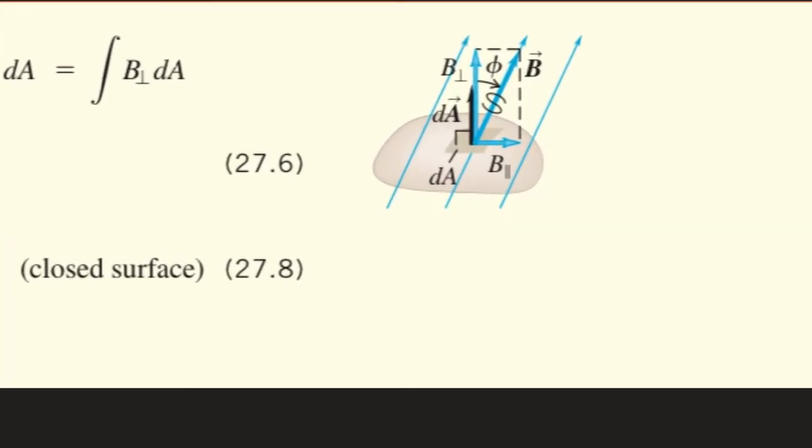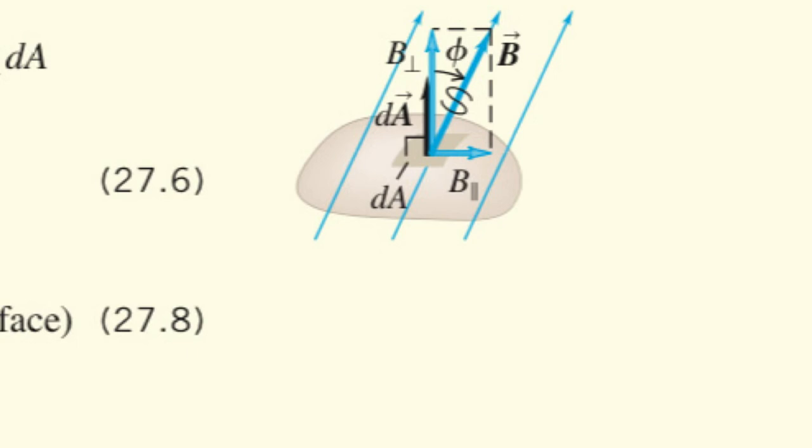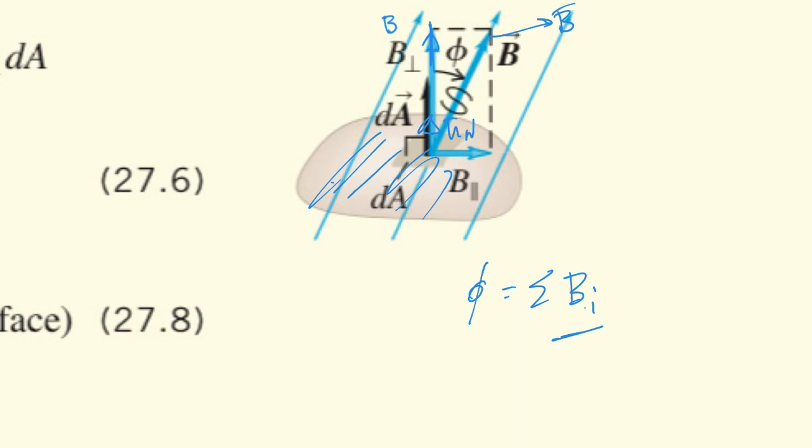That's all. This is the flux of B. You see, this is the B. And the B perpendicular is perpendicular to the vector U sub n, perpendicular to the surface. And the flux is the sum of B sub i, the magnetic field that exists there, by dS sub i by the cosine of alpha sub i.